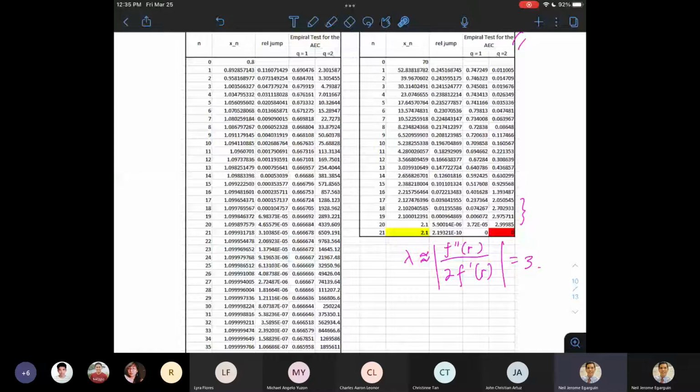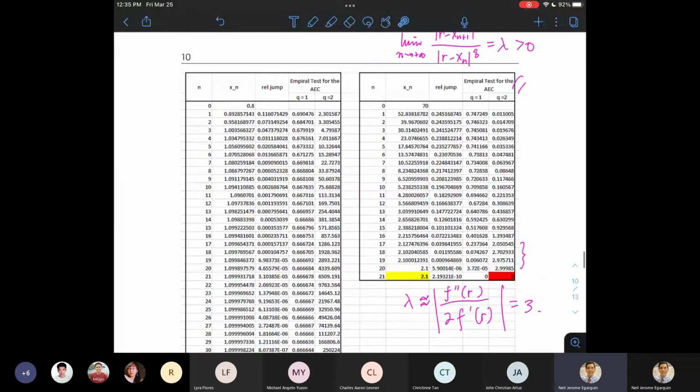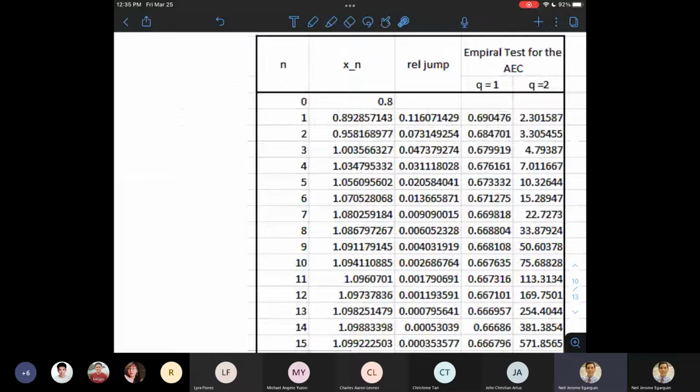Well, actually, if you take a closer look, the Newton-Raphson theorem did not hold. Remember, the assumption of the Newton-Raphson theorem is that r is a root of f, but f prime of r cannot be equal to 0.